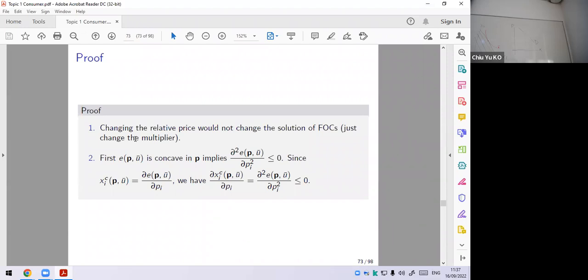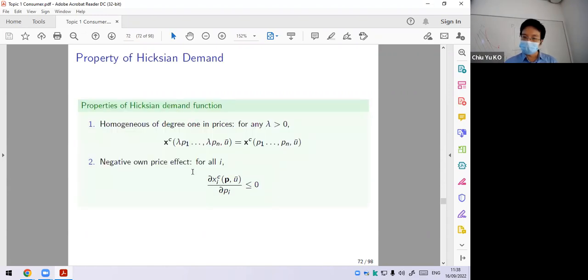And Shephard's lemma says the first derivative is the Hicksian demand. So when you differentiate both sides with respect to price, this guy is the second derivative, which is non-positive. That proves the negative slope of Hicksian demand. So that is what is supposed to be.